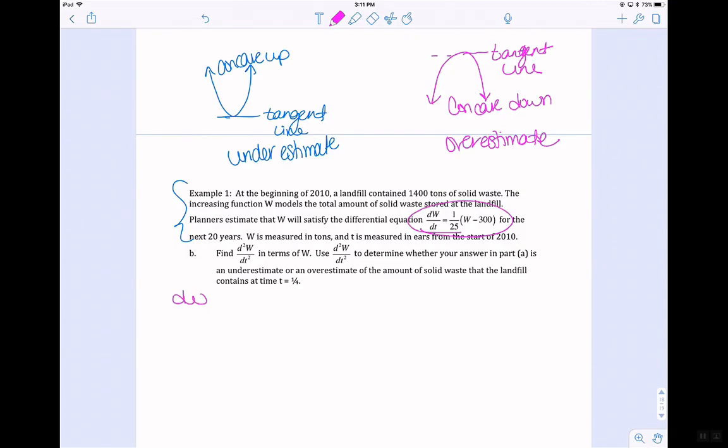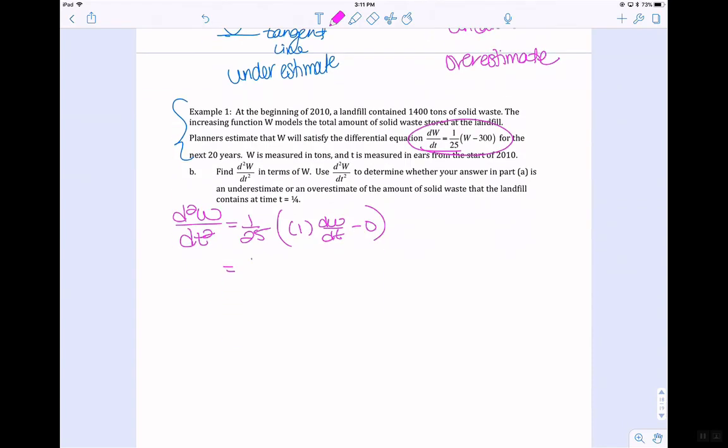So d squared W over dt squared is equal to 1 over 25 times the derivative of W, which is 1 times dW/dt, and the derivative of 300 is 0. So you get 1 over 25 dW/dt. What is dW/dt?